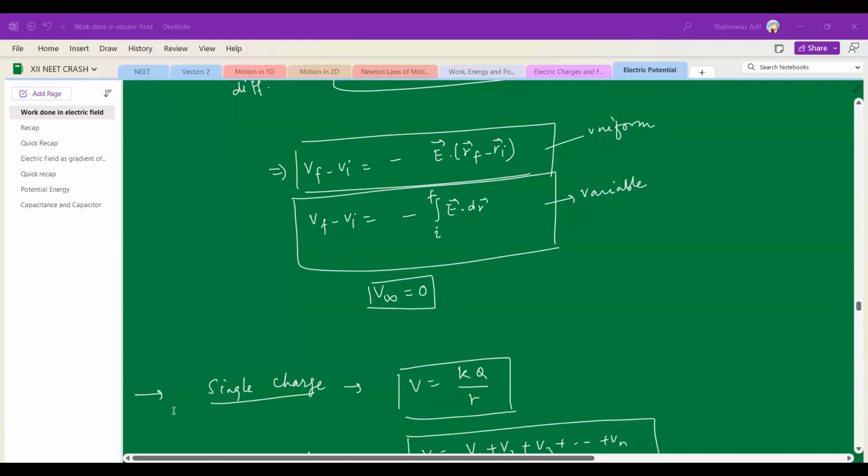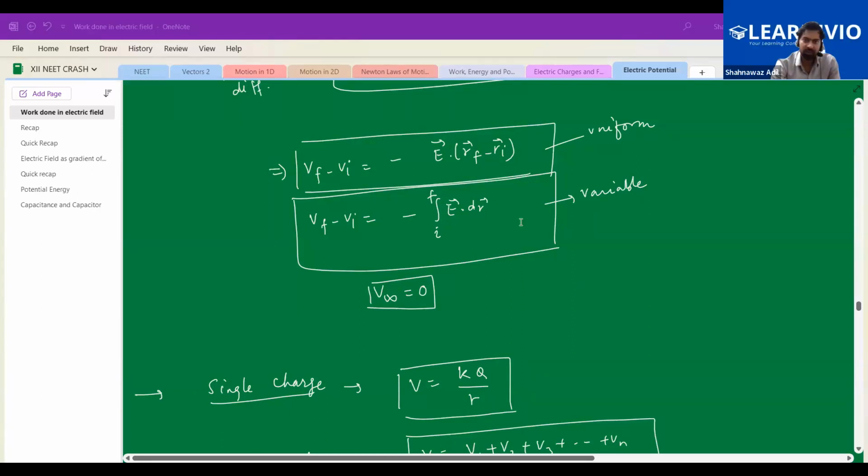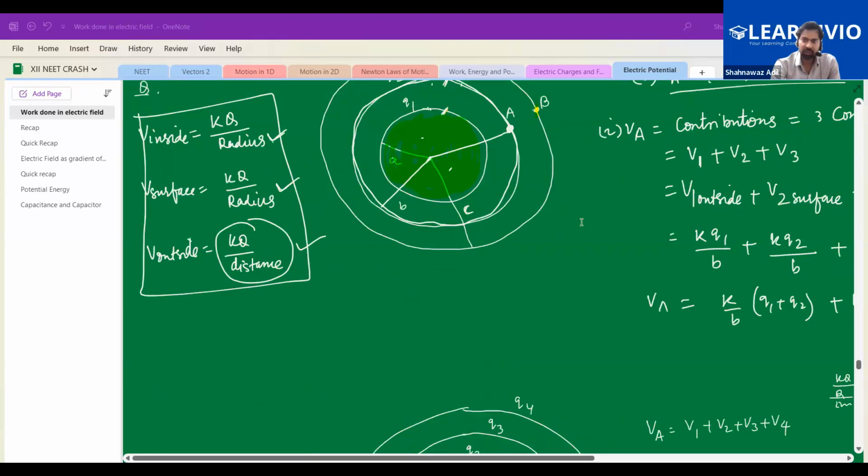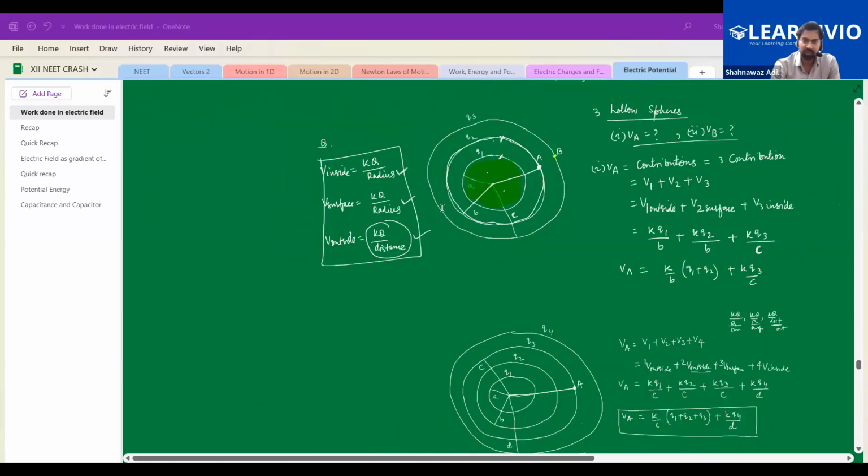Okay, let me share this thing again. Yeah, so this is what we are calculating.